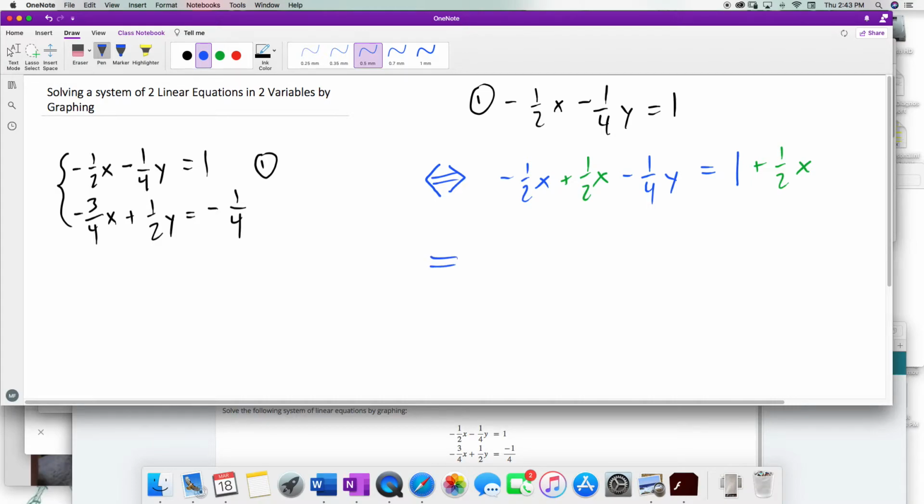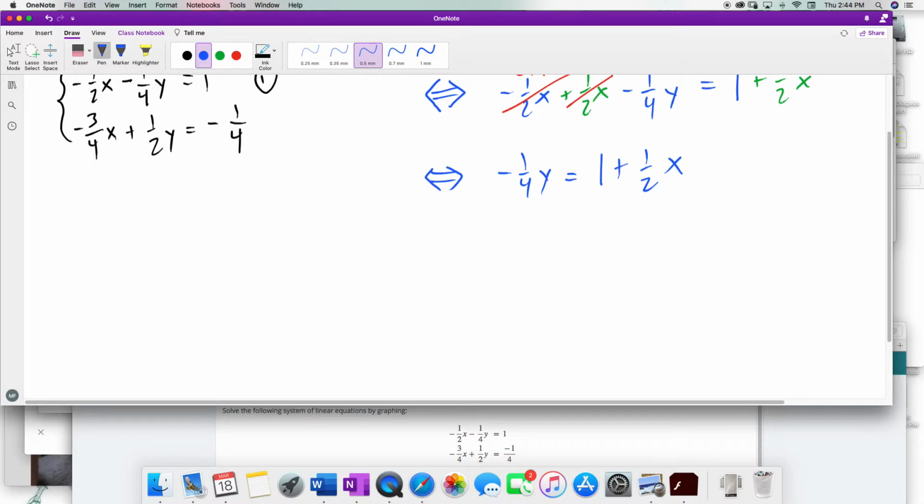Anyway, let's keep going. I'll keep using the double arrows because we can. So again, remember the point of this is negative 1/2 x plus 1/2 x. That's just 0 x's. In other words, there's 0 here. So I can just write this as negative 1/4 y equals 1 plus 1/2 x.